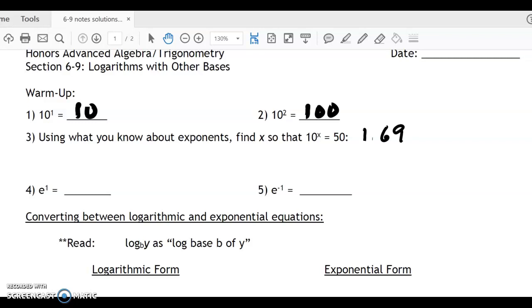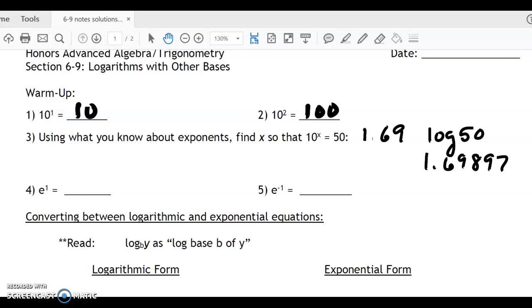However, if you think about using logarithms, the way to do this problem, since it has a base of 10, you can write it as log of 50, which will give you a little bit more of an exact answer of 1.69897.